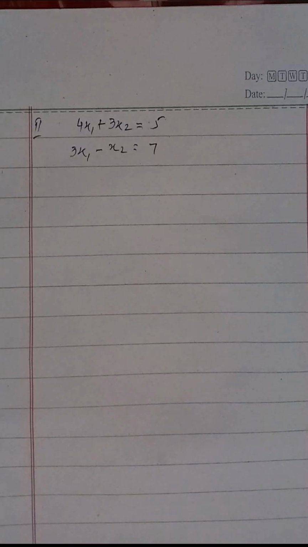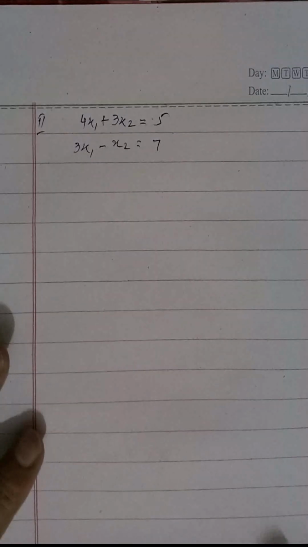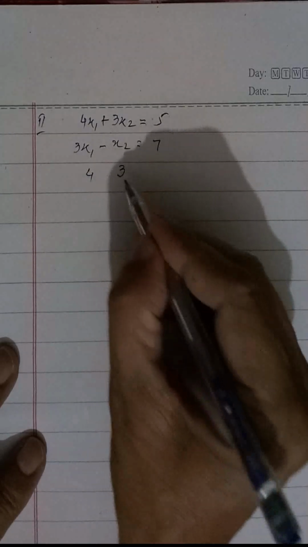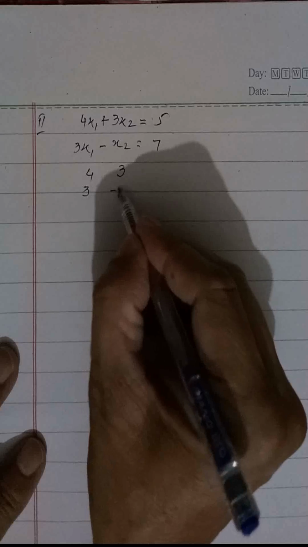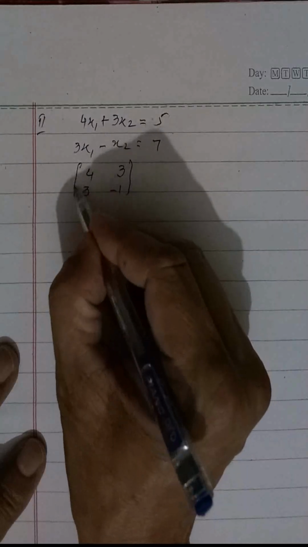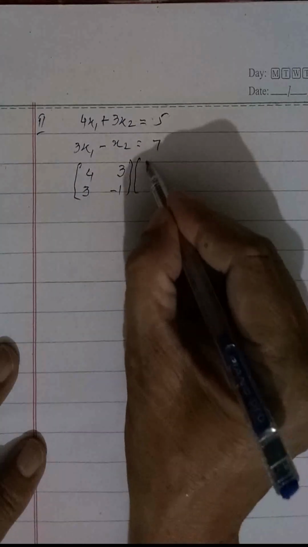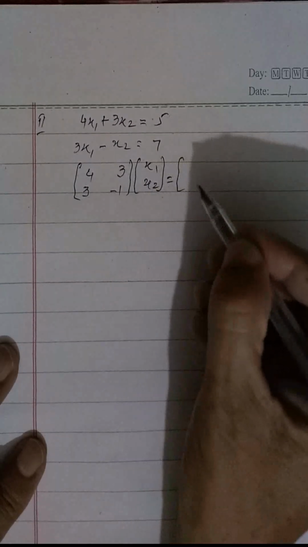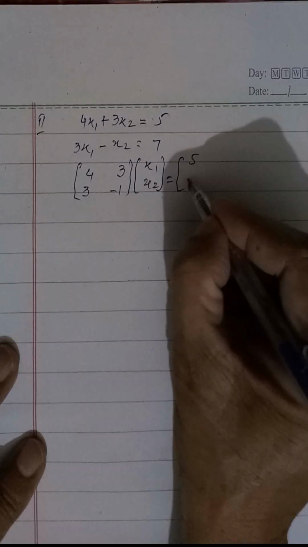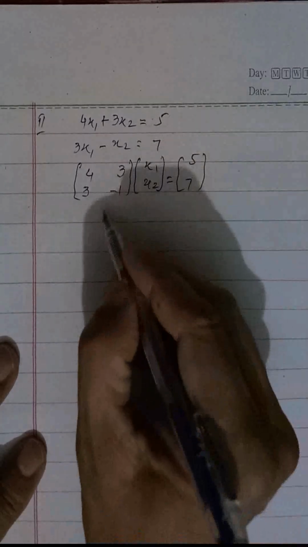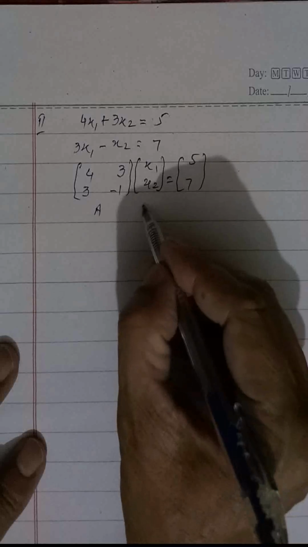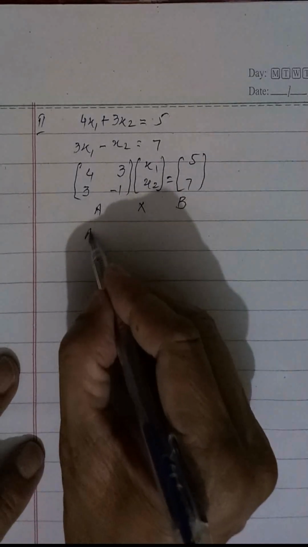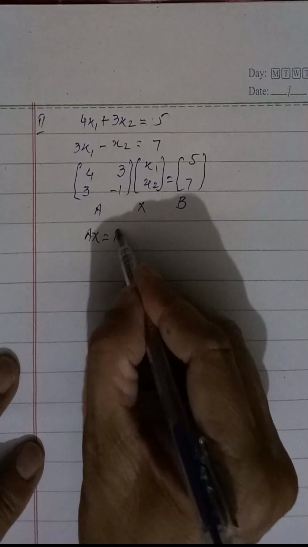And see, we converted them to matrix form, which is [4, 3; 3, -1], and the second is [x1; x2] and the B is [5; 17]. Here this is the A matrix, X and B. AX is equal to B.